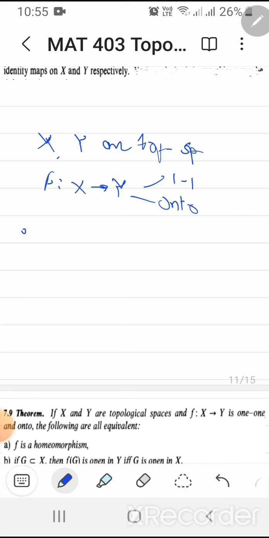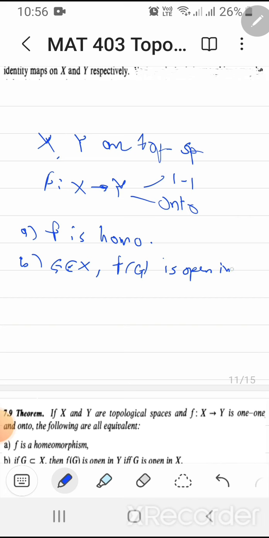First condition: f is a homeomorphism. Second: if G is a subset of X, then f of G is open in Y if and only if G is open in X.